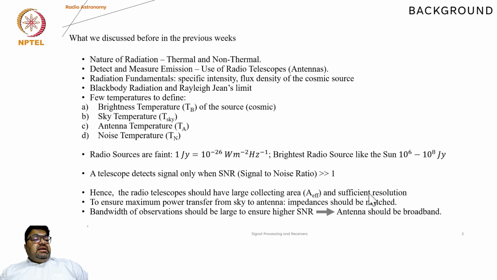And we also need to have a larger bandwidth of observations. That means collecting more and more signal, and that means the signal to noise ratio goes up. That also puts the design specification on the antenna that it should be broadband. This is what we have done so far.